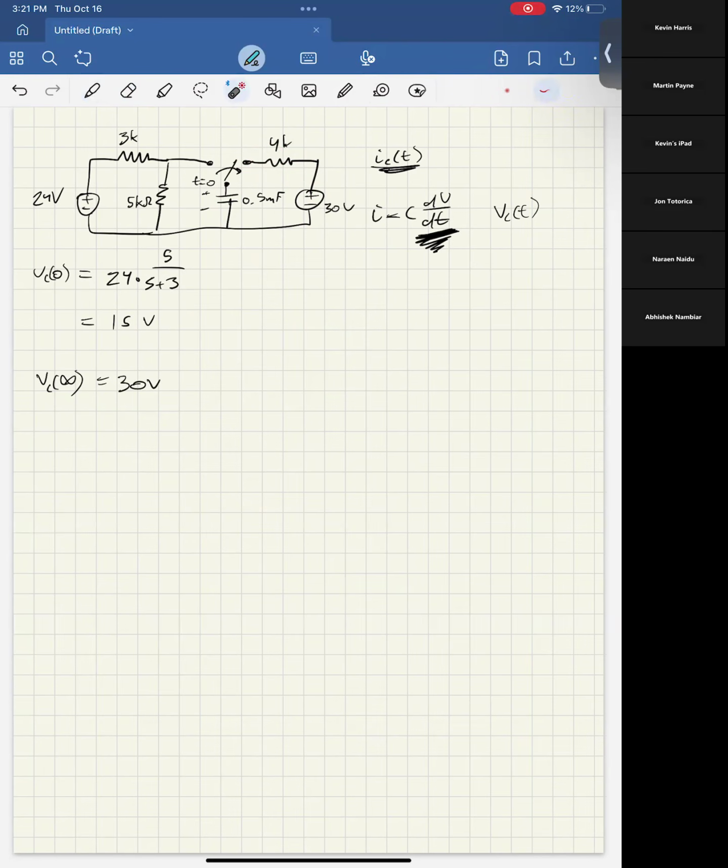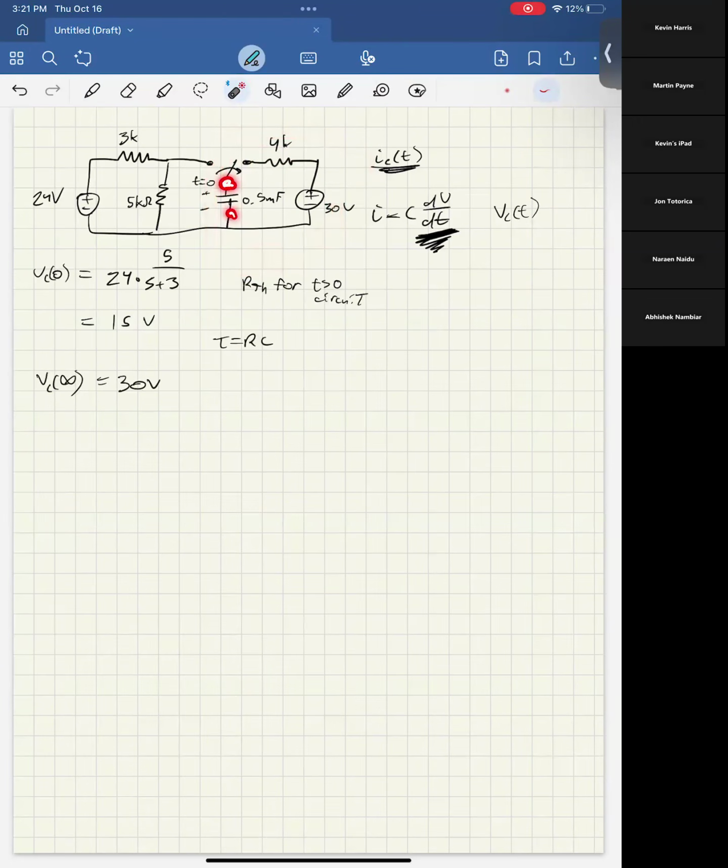And then for VC of infinity, we also need to find that Thevenin equivalent resistance for the time constant. This is the R for, so it's RTH for the t greater than 0 circuit. So we're looking at this half of the circuit, right?